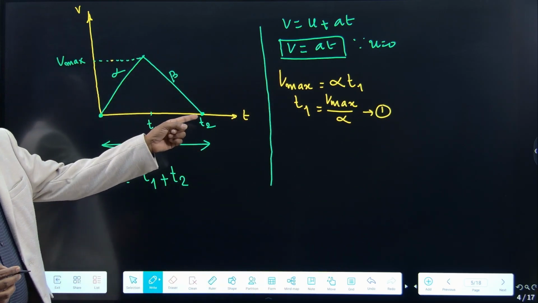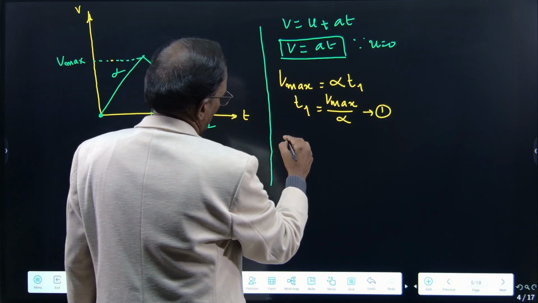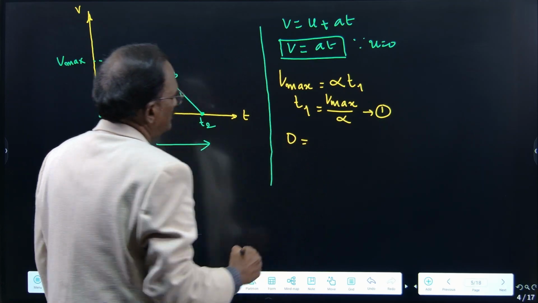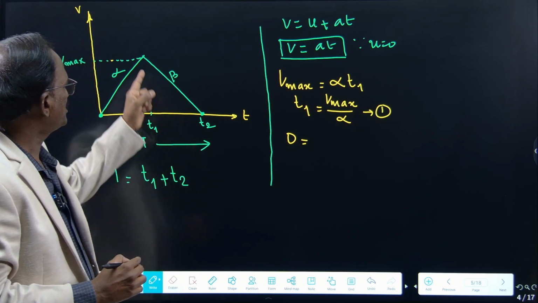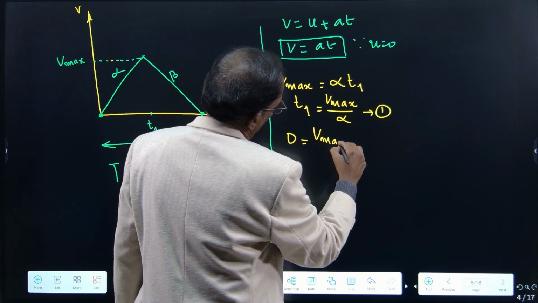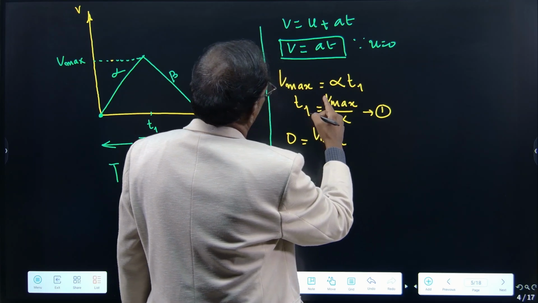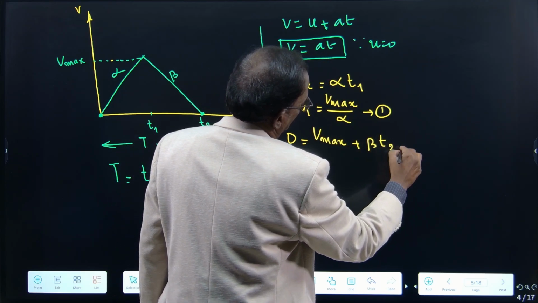Similarly for deceleration, 0 is equal to: final speed is 0, initial speed is Vmax, plus beta into T2.